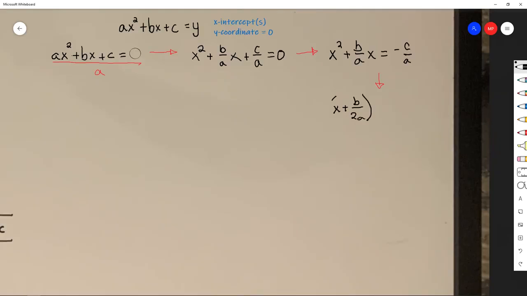Now this right here is where you might want to pause and go back and look at what we wrote up top. This will multiply back into x squared plus b over a times x.